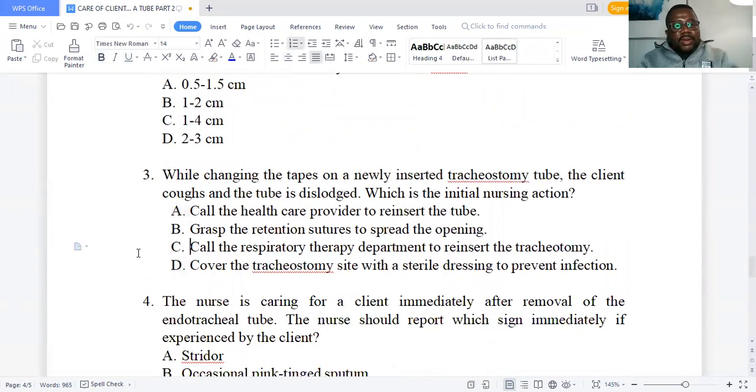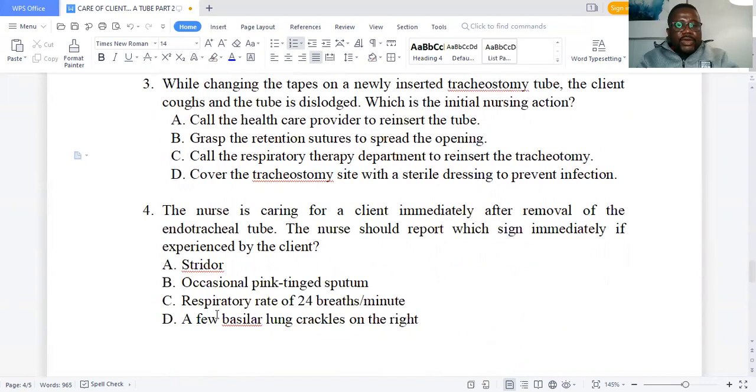Question number 4. The nurse is caring for a client immediately after removal of the endotracheal tube. The nurse should report which sign immediately if experienced by the client. This is extubation, right? Removal means extubation. You are removing the tube. And what did we say? First hyperoxygenate, then you remove.